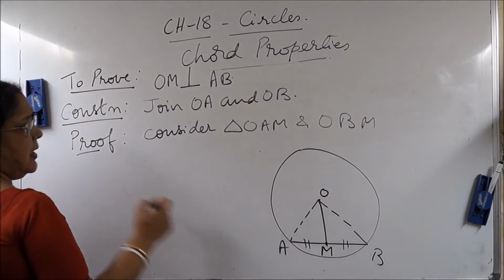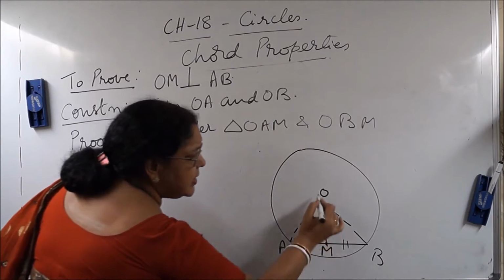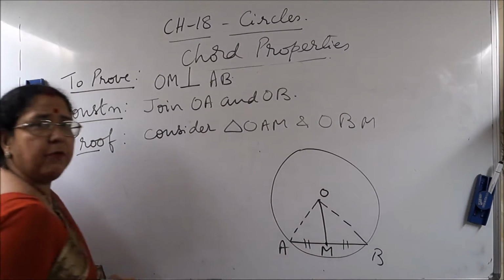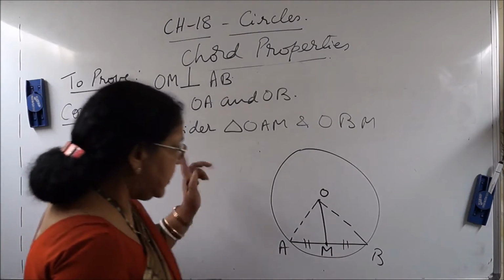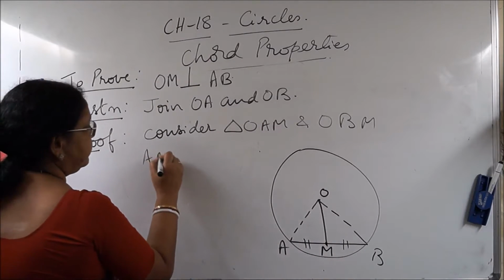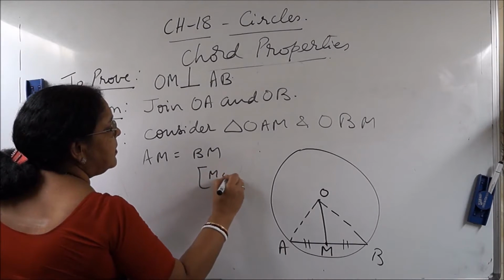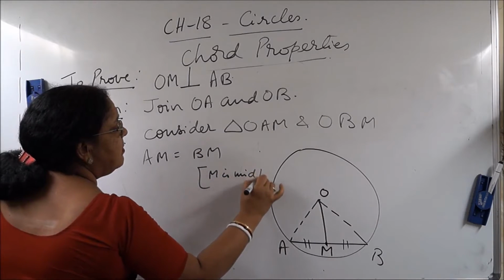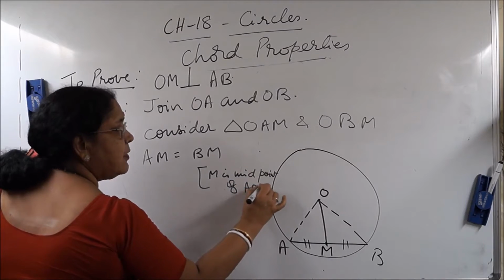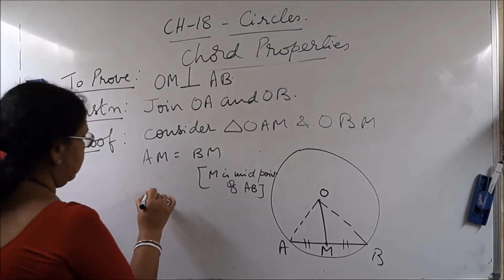In these two triangles, we know that AM is equal to BM. Why? Because it is given that M is the midpoint of AB. So AM is equal to BM, the reason being M is the midpoint of AB, which is given to us. Also, OM is equal to OM, common.